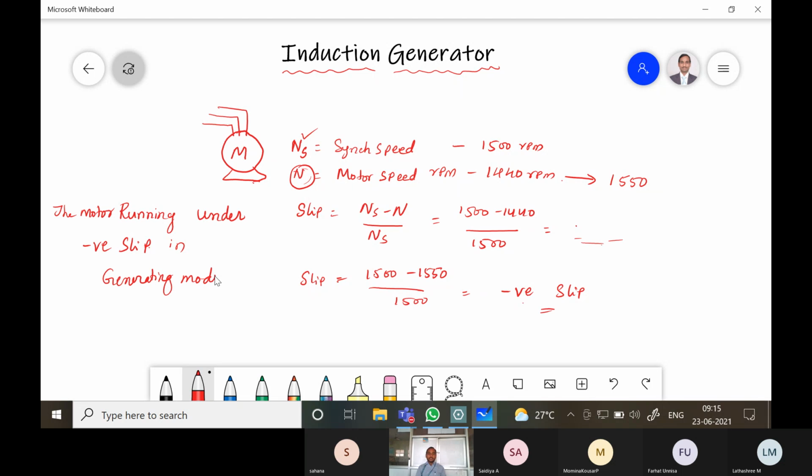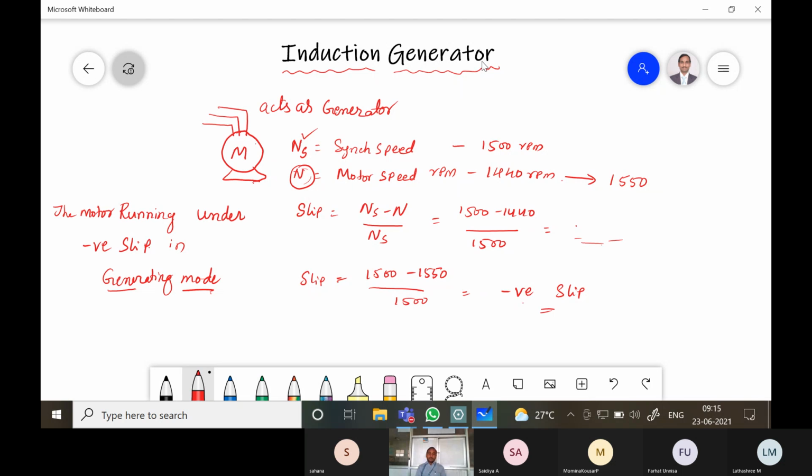We already studied the slip-torque characteristics of the induction machine. In that, the negative slip mode is called the generating mode, right? So now the motor acts as a generator.